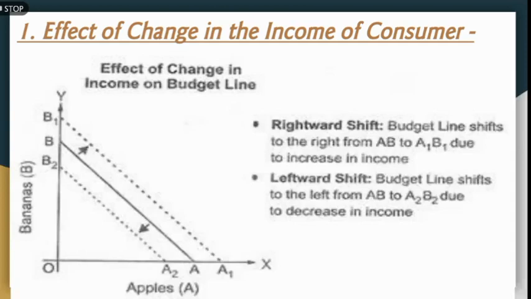When the income changes, either it will increase or decrease. When the consumer's income increases, the budget line shifts rightwards, from AB to A1B1. And when the income decreases, the budget line shifts leftwards, from AB to A2B2.